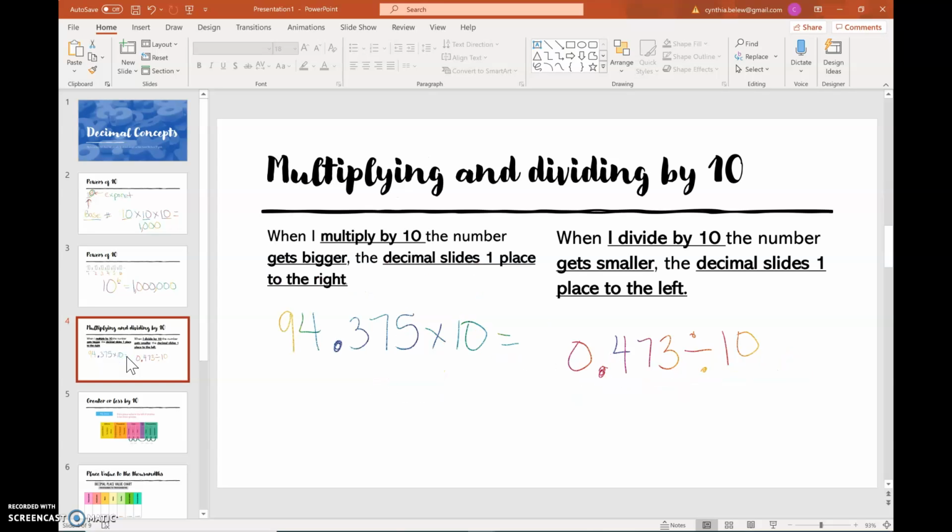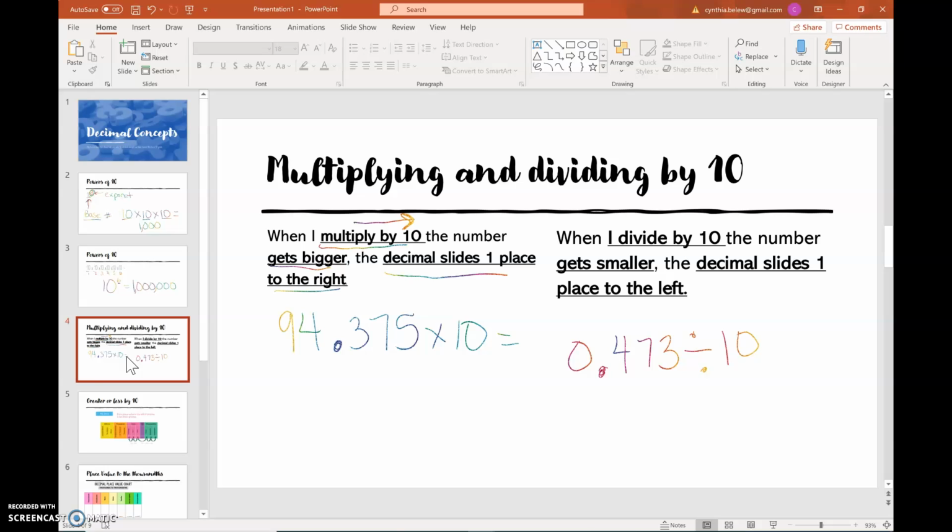The next thing we covered was multiplying and dividing decimals by 10. So when you multiply a decimal, actually any number, but a decimal by 10, it gets bigger. The only thing you have to do is slide the decimal one place to the right. When you multiply, slide that decimal one place to the right.